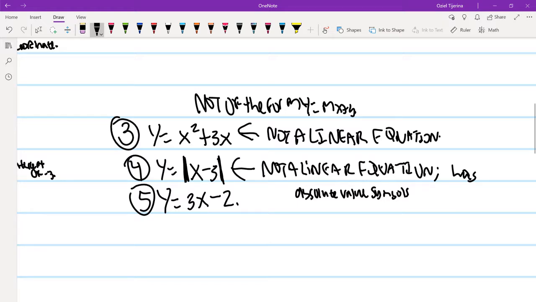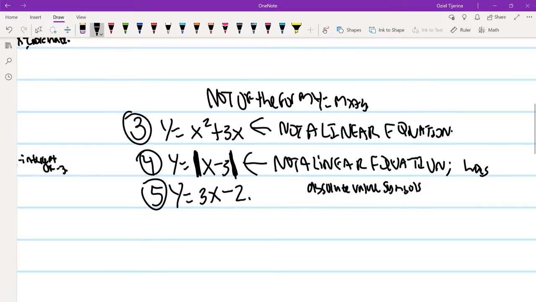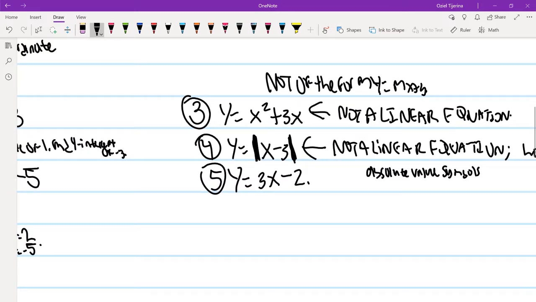I mean, this does have a slope, but it's not the correct way to write a linear equation. This is an absolute value equation. And this last one, yes, it is linear, because it has a slope of 3 and a y-intercept of -2.